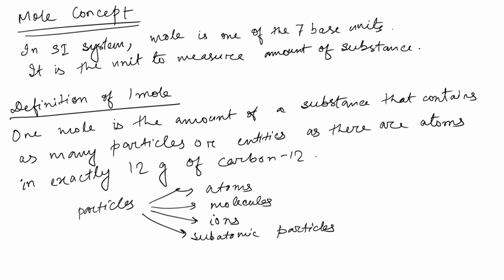In the last lecture, we had started discussion about the mole concept. Today, we will learn the mole concept in detail. So, we had discussed that in the SI system, mole is one of the 7 base units.